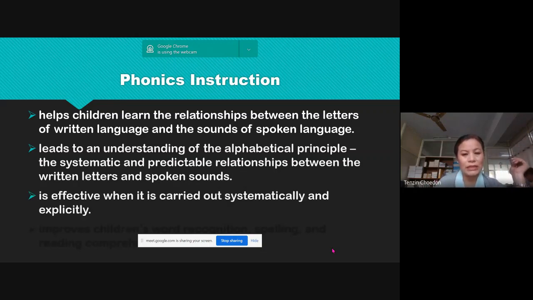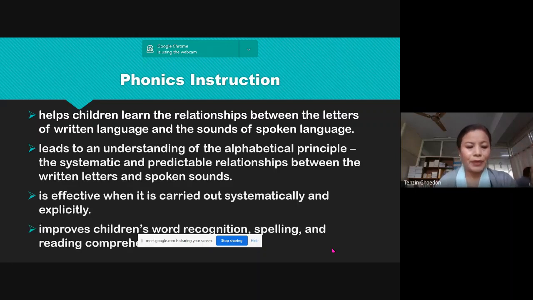It's effective when carried out systematically and explicitly, and it improves children's word recognition, spelling, and reading comprehension.